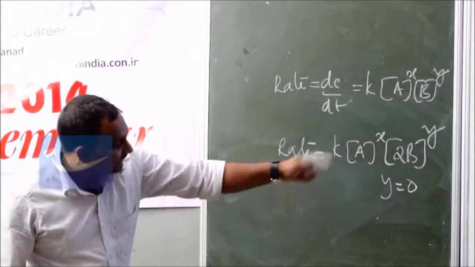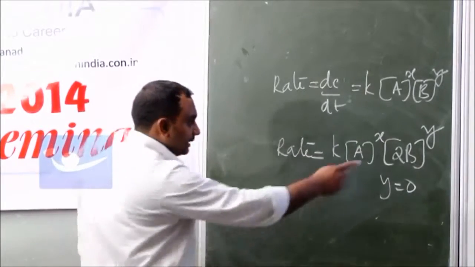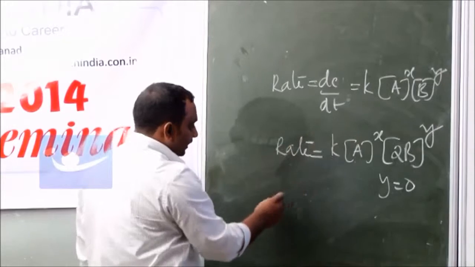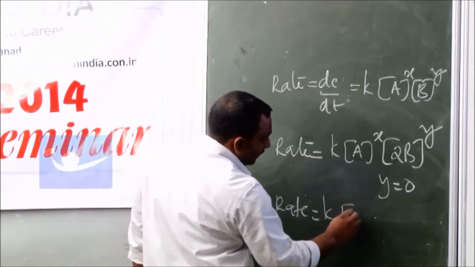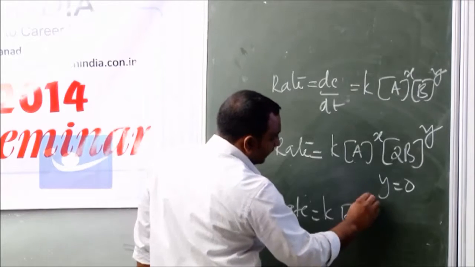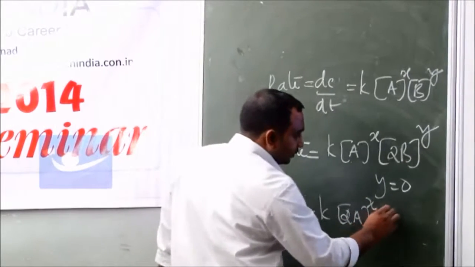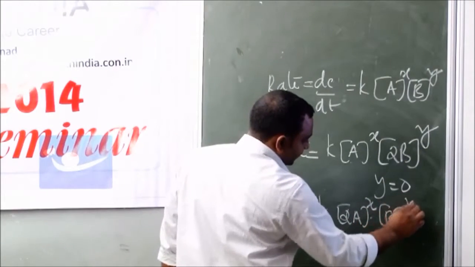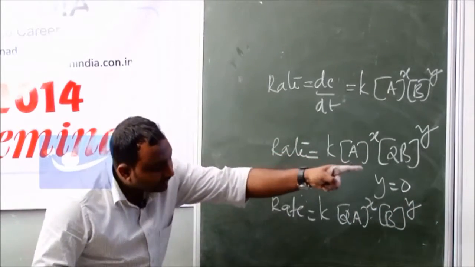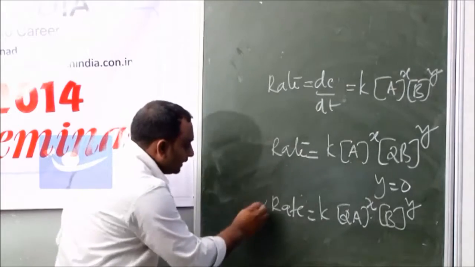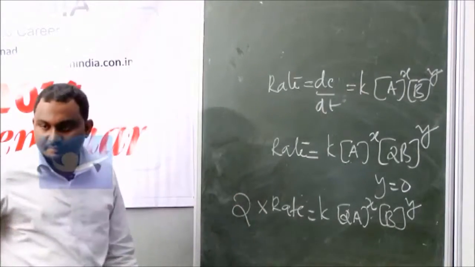Then we will check for the next possibility. So here molar concentration of A is increased. So K into 2A raised to X into B, Y is equal to 0, already found out. And we can find that if you look at that rate value, it is multiplied by 2.